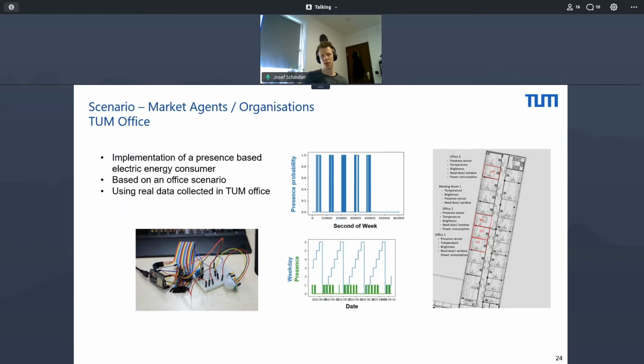Next we have the Tomb office, which also took part in the market, and it was based on a forecasting of the presence probability. How likely is it that the students and Christian, Lars, and so on are in the office, and how much energy will they then use?